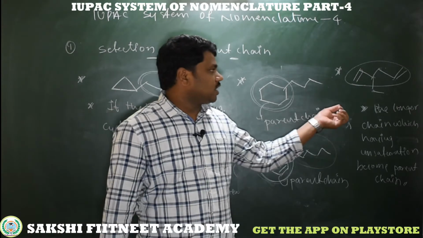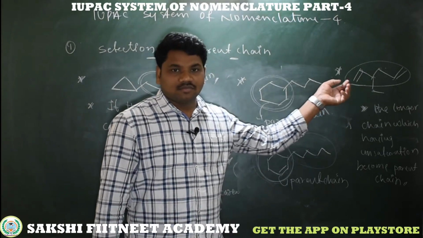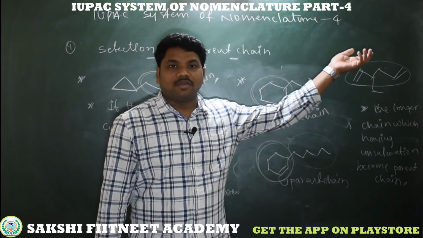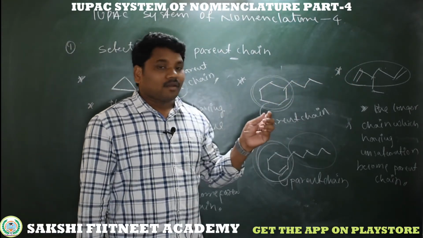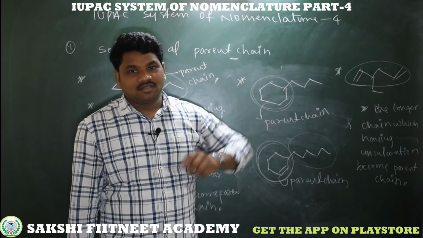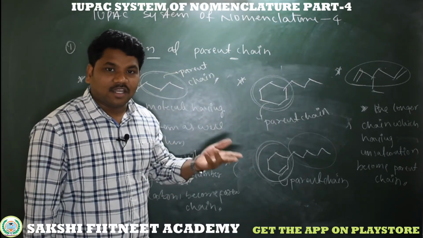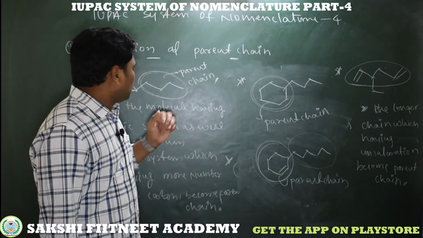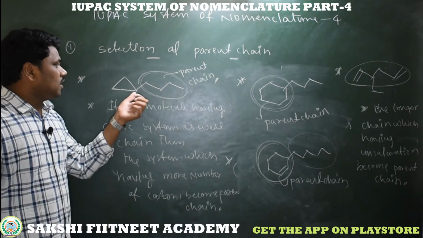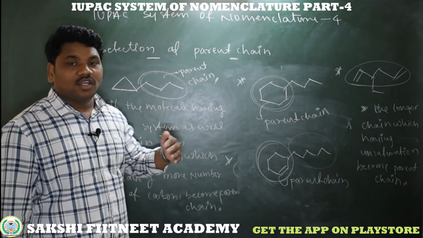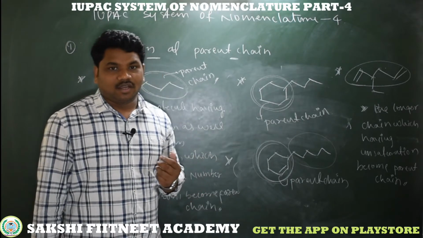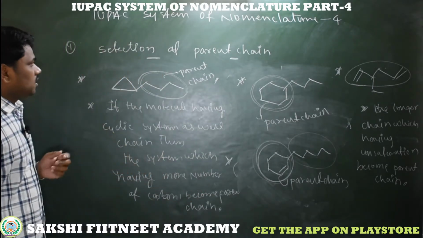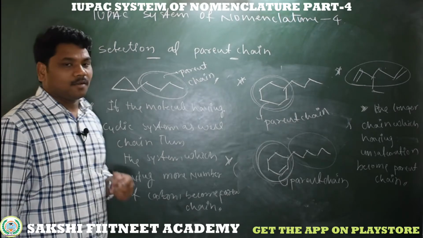If more than one longer chain is there, based on the substituents and functional groups, that becomes the parent chain. If the molecule has a cyclic system as well as a chain, then the one with more carbons becomes the parent chain. So these are the rules to select a parent.